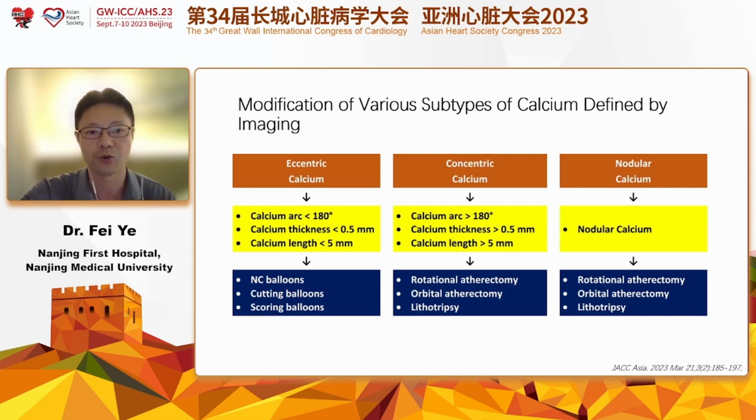If the eccentric calcium score, just like the OCT CBI score, was over 4, we use a modification or debulking technique, such as Rota, orbital atherectomy, or IVL. If we find luminal calcification or calcified nodule, we should use some debulking or modification technique to prepare the lesion first before we stent it.